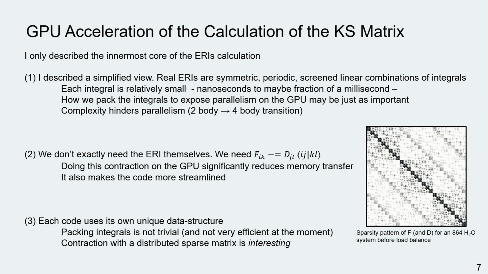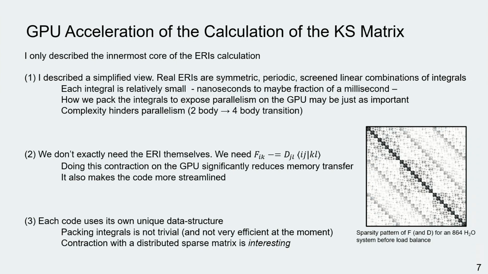So we have to do a lot of them, like millions even for a very simple system after screening. So how we pack these integrals to expose parallelism on the GPU is just as important as how we compute them. And then, of course, yeah, I'm going to skip this.